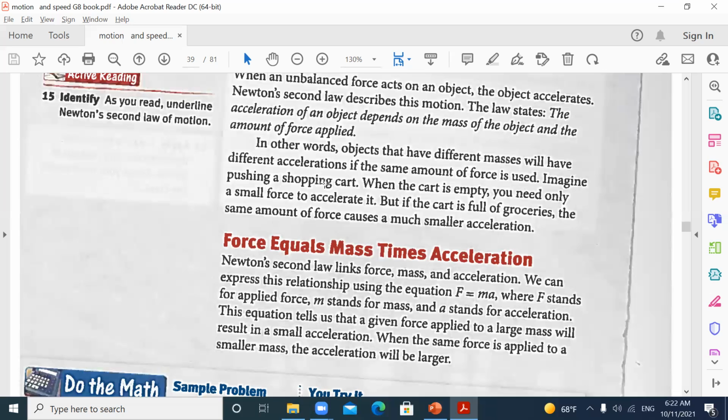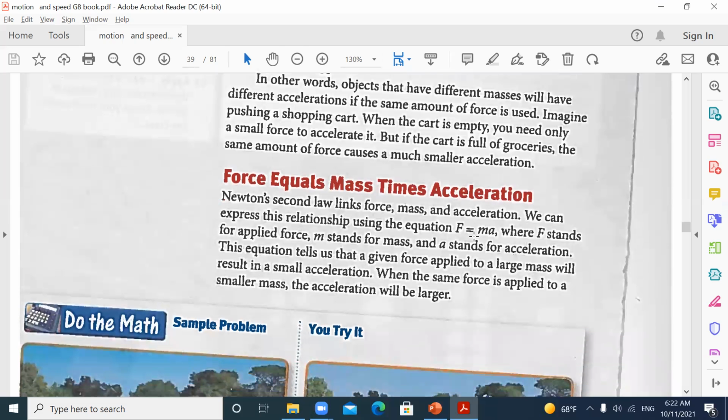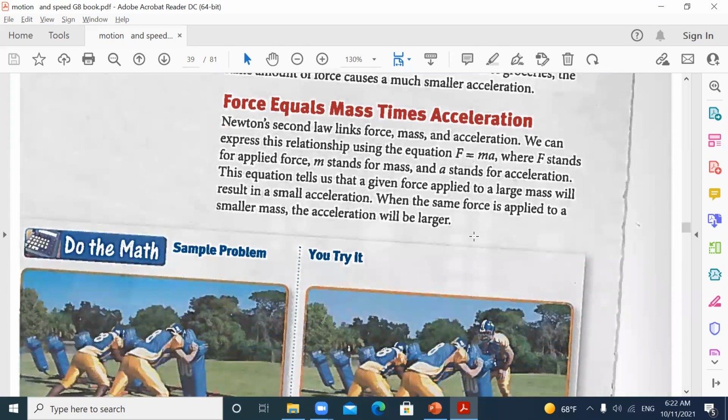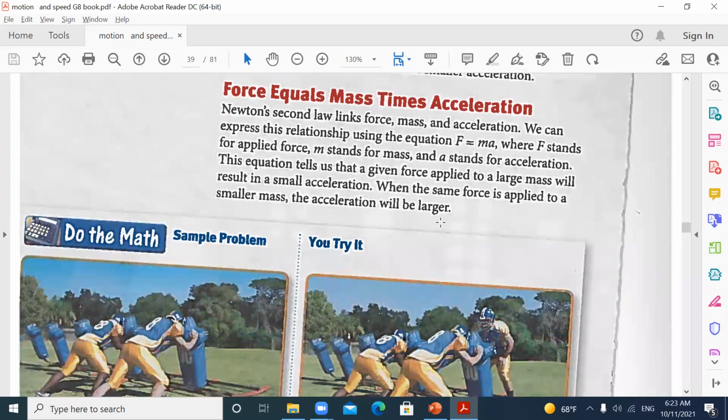Imagine pushing a shopping cart. When the cart is empty, you need only a small force to accelerate. But if the cart is full of groceries, the same amount of force causes a much smaller acceleration. So what is the equation here? Newton's second law links force, mass, and acceleration.